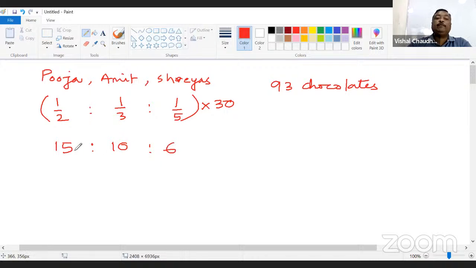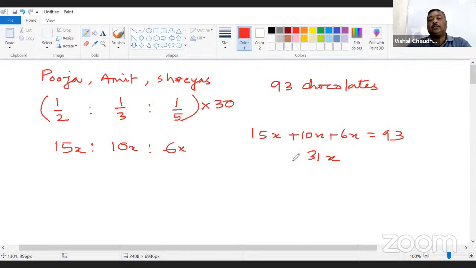Now I can divide it. I will take 15x, 10x, and 6x, x as multiplying constant, and sum of the chocolates will be 93. So 15x plus 10x plus 6x is equal to 93. Here I get 31x is equal to 93.